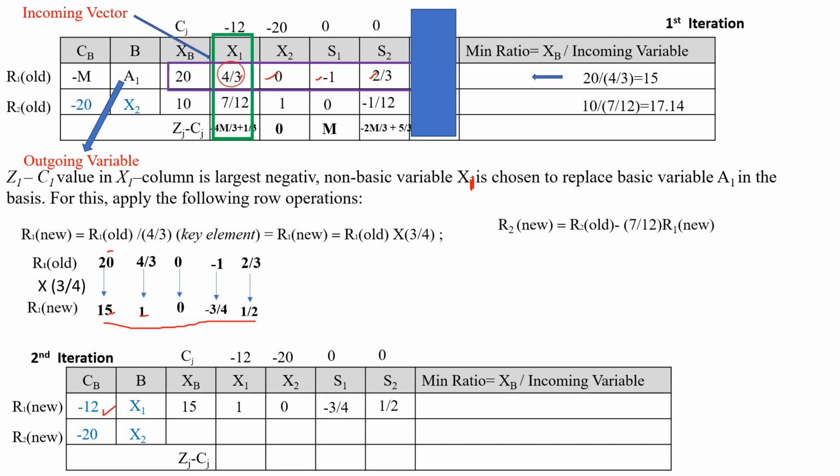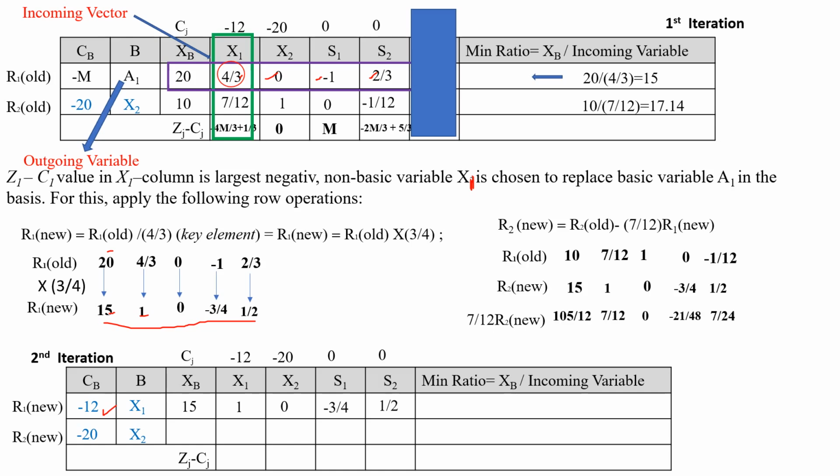Next we look at the second row operation, that is R2 new equals R2 old minus 7 by 12 into R1 new. First I write down the R2 old elements: 10, 7 by 12, 1, 0, minus 1 by 2, and the R1 new elements are 15, 1, 0, minus 3 by 4 and 1 by 2.